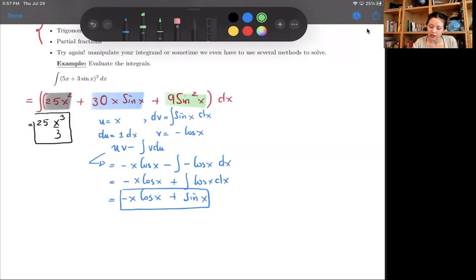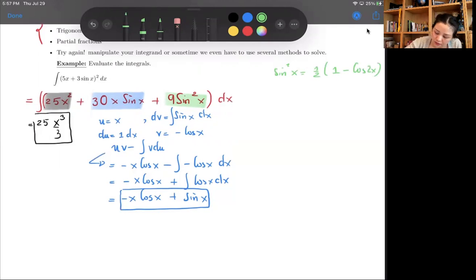That one, I'm going to use the power reduction formula, right? Let me remind you what the power reduction formula is. If I have sin squared x, it is equal to 1/2 times 1 minus cosine 2x.